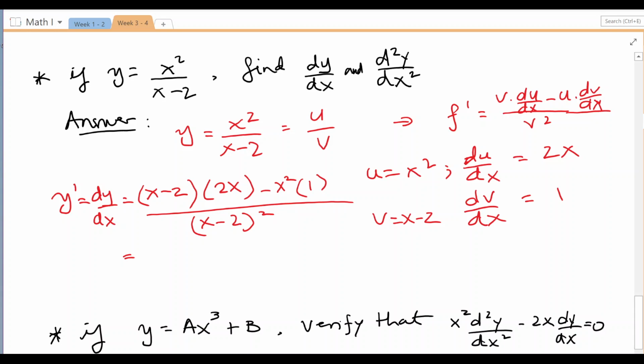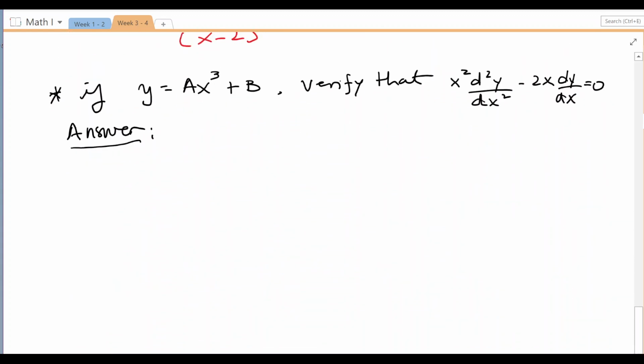So this is equivalent to 2x squared minus 4x minus x squared over x minus 2 squared as the first derivative.